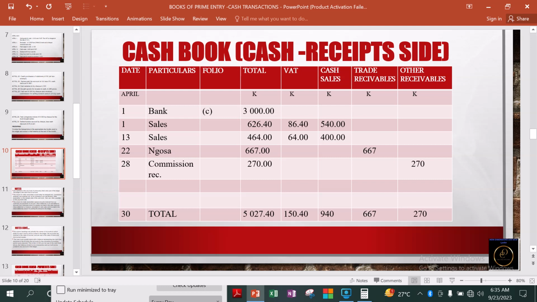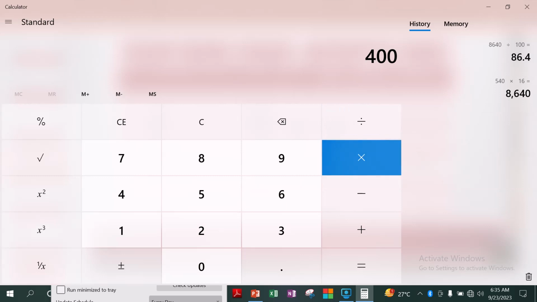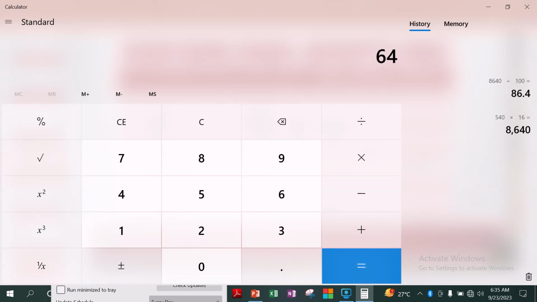So again we go and calculate the VAT. Now since it is 16%, 16 over 100 is simply going to give us 0.16. So we can multiply by 0.16 and get your VAT as 64.